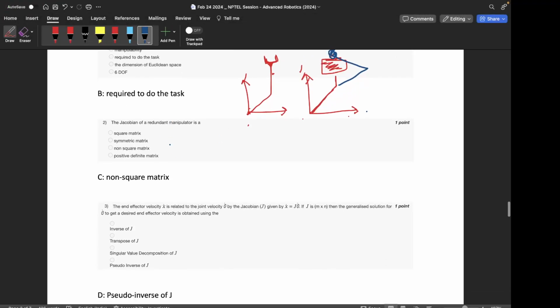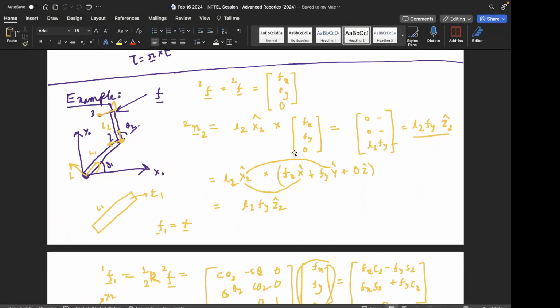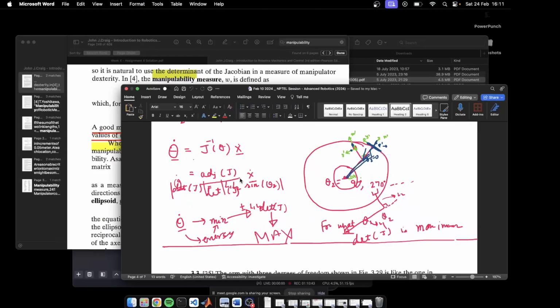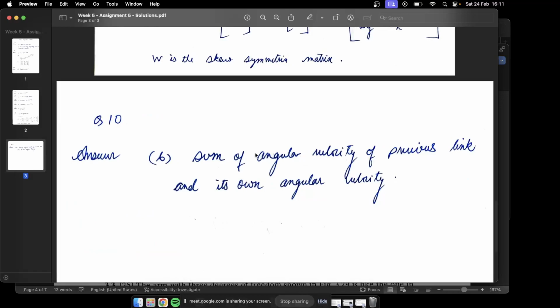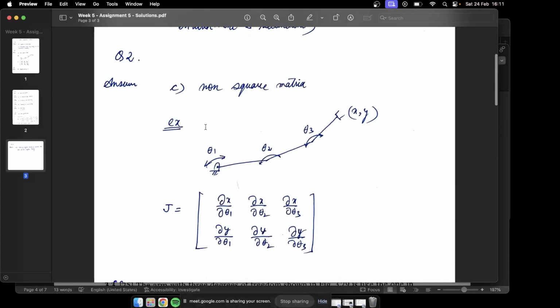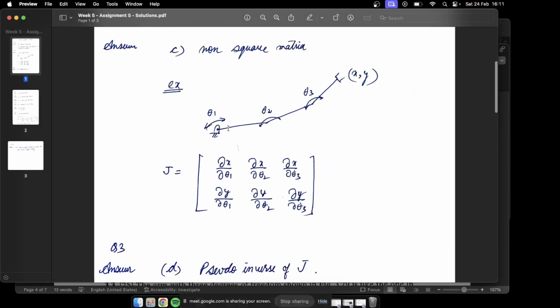The second question is the Jacobian of a redundant manipulator is a non-square matrix, right? So as you would see here, this is the 3R manipulator in the plane.